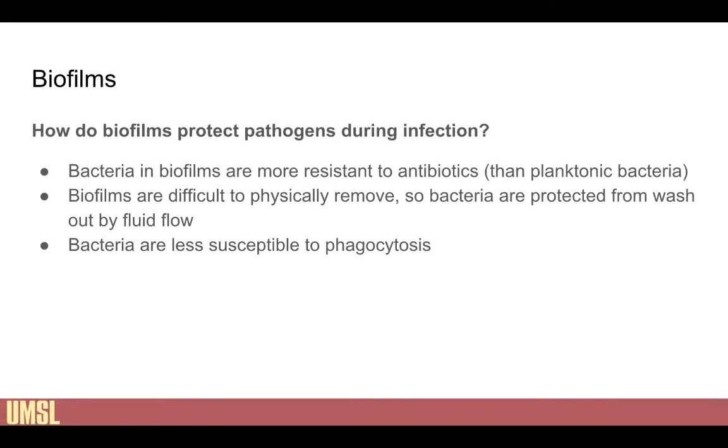And actually, when we think about bacteria and their interaction with antigen-presenting cells, essentially phagocytes consuming bacteria, we went through this model talking about adaptive immunity, where phagocytes are eating bacteria, grinding them up, putting things onto MHC receptors, and communicating with T cells. Bacteria that are growing in biofilm are far less susceptible to phagocytosis.